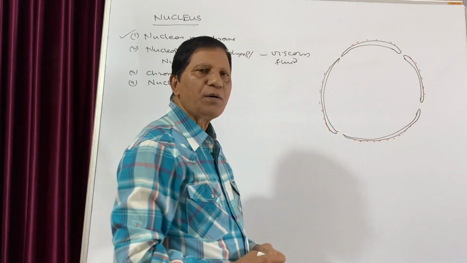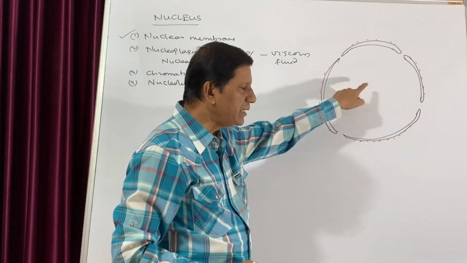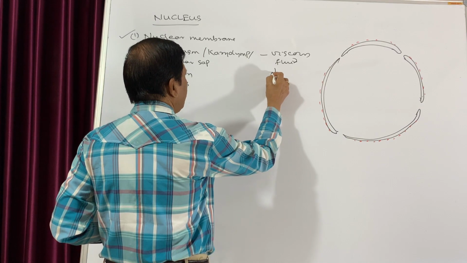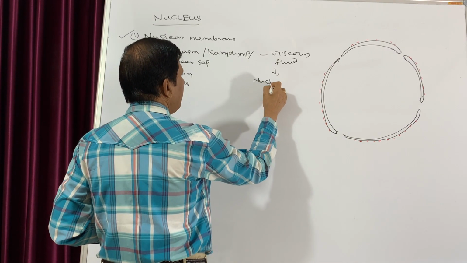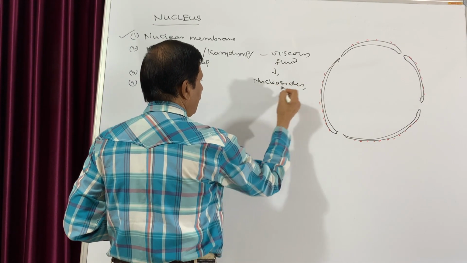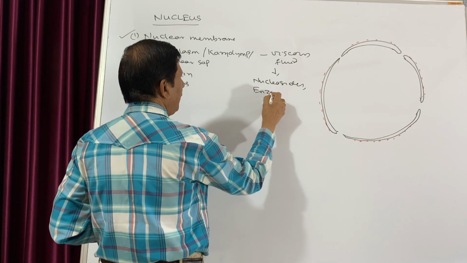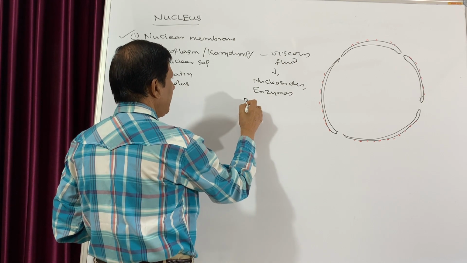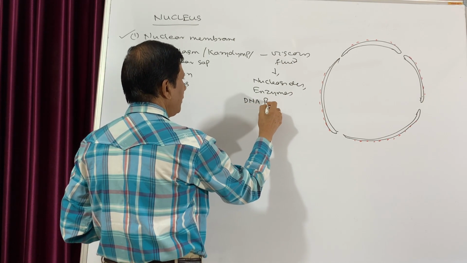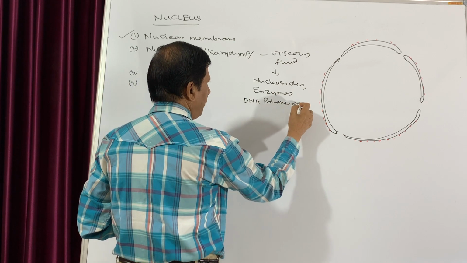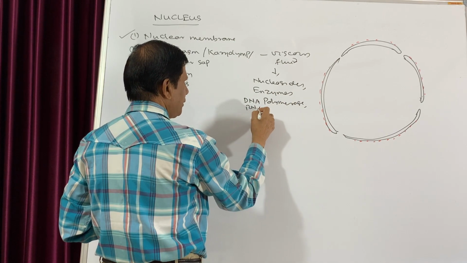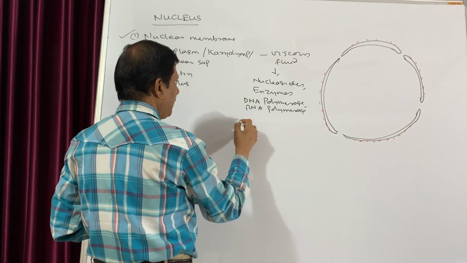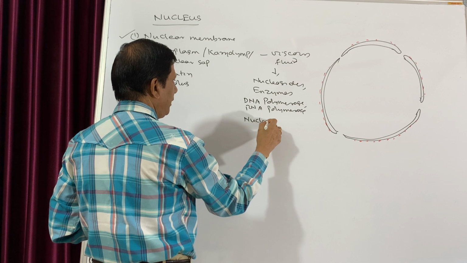Now, what are the different substances present within this karyosome? They are usually the nucleosides, then different types of enzymes, and the prominent enzymes are DNA polymerase, RNA polymerase, and also nucleoside phosphatases.